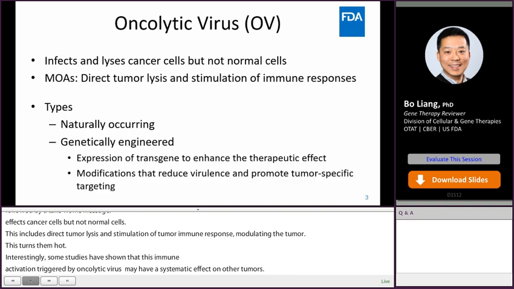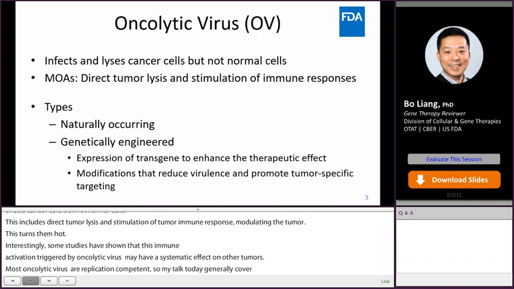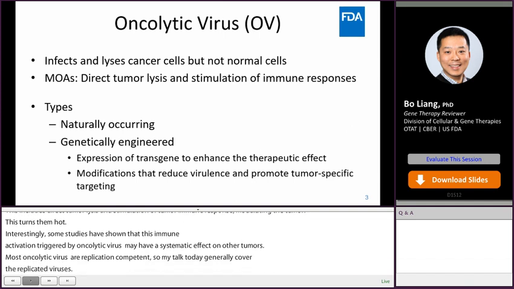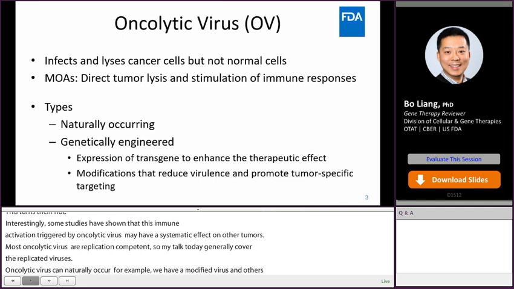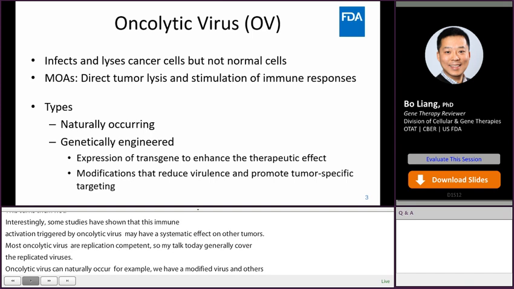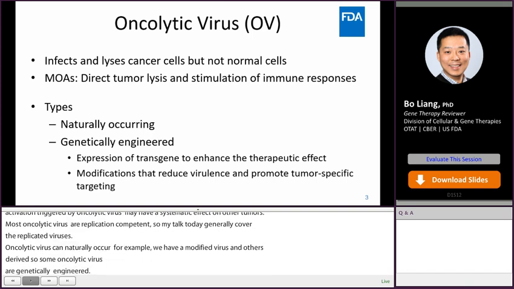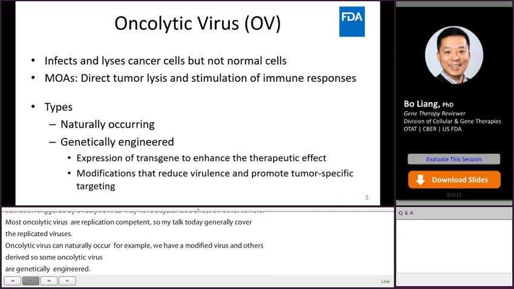Oncolytic viruses can be naturally occurring. For example, we have unmodified reovirus and Coxsackie viruses derived from lab-adapted strains. Some oncolytic viruses are genetically engineered recombinants expressing transgenes to enhance the therapeutic effect. For example, T-VEC, which is an attenuated HSV1 expressing human GM-CSF.